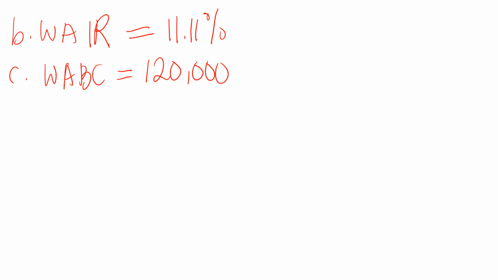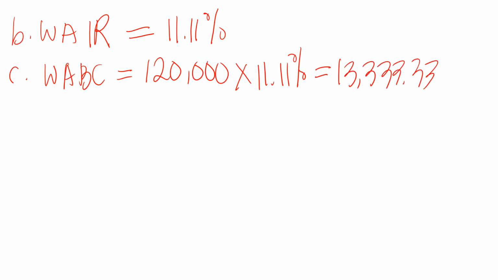This time, may specific borrowing, so yung 300, binawasan natin ng 180. So, 120 na lang yun. Yung 120,000, i-multiply ko ng 11.11%. So, lalabas, this is 13,333.33. Ito yung weighted average borrowing cost.